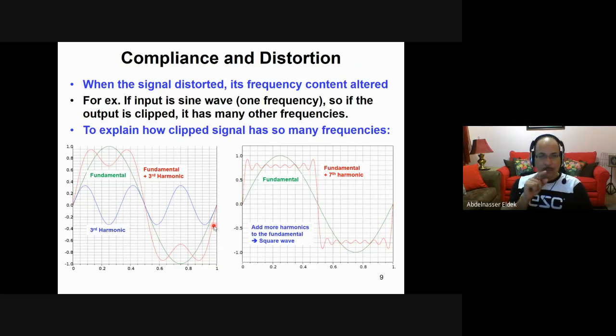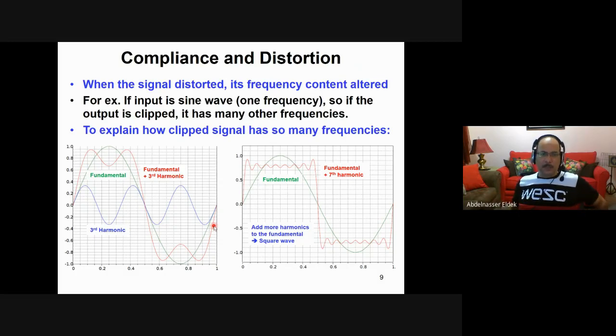But if you have a square wave, or a sine wave that's clipped, it doesn't have only one frequency. This is equivalent to an unlimited number of sine waves with different frequencies. So the signal will contain a lot of frequencies. So when you do clipping, you have a signal with a lot of frequencies.